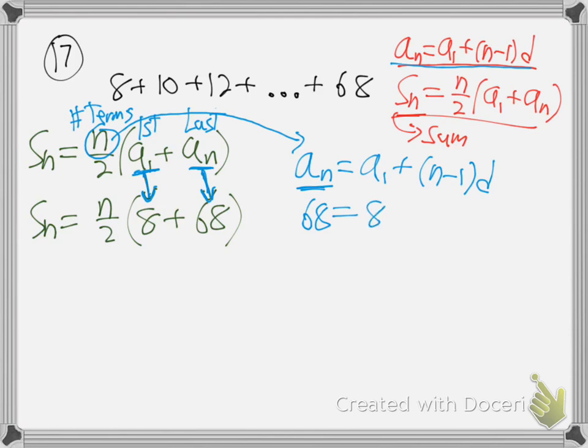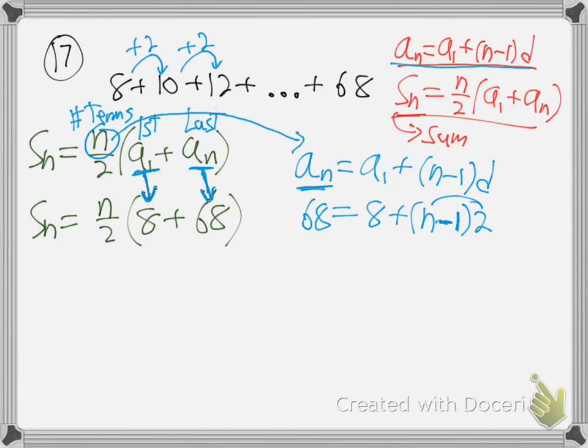We good? Remember, A sub n is last term. A sub 1 is first term. Plus, n's what I'm looking for. What's D? 2. Yeah, what's the jump from term to term? It's adding 2 every time. Solve that little equation for n. Bring it back, put it in the S sub n, and get your answer.